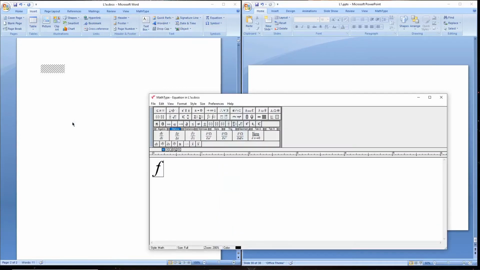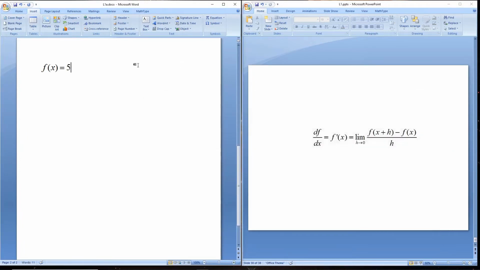And that is just a constant function. What is the slope of a constant function? Well, it's a horizontal line, and it has zero slope everywhere. So we're going to use the derivative to get that zero answer.